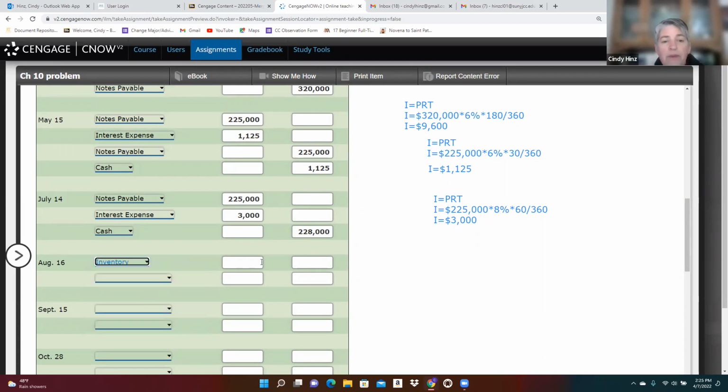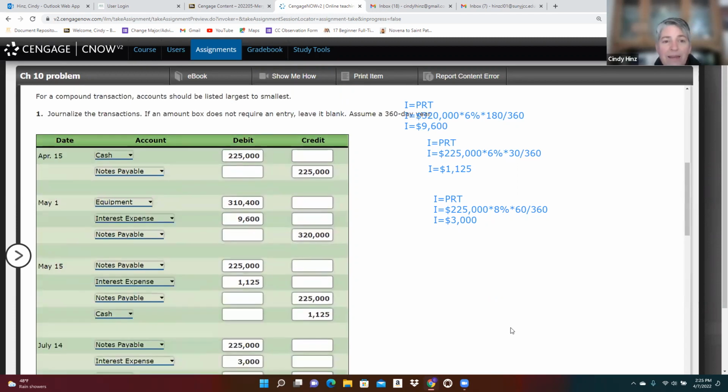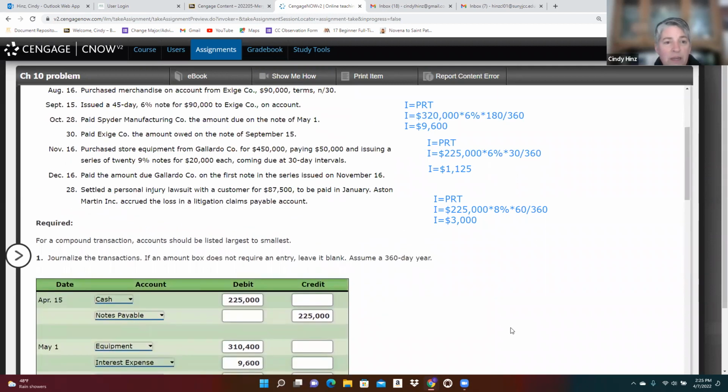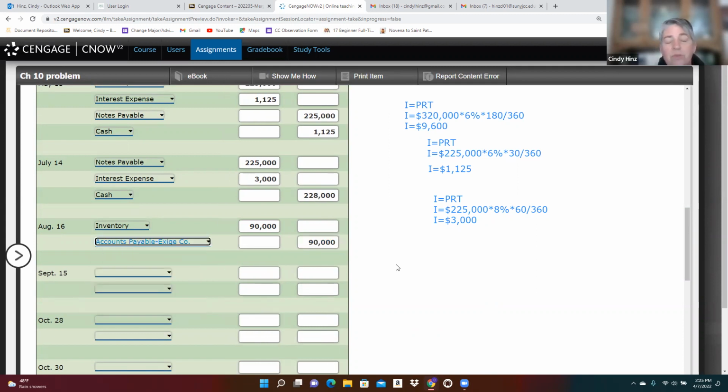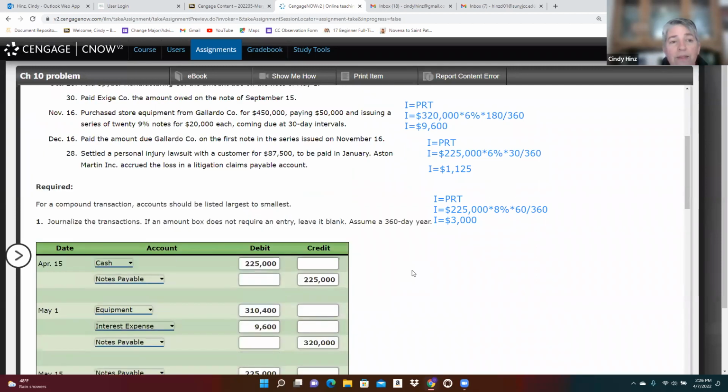If we are using a perpetual inventory system, we would add that inventory immediately to the inventory account. If we used a periodic inventory system, remember from chapter 5, we would add that to a merchandise purchases account. And the credit side is to accounts payable because we owe Exige company, and the terms were net 30. So 30 days from now, we should be paying that bill.